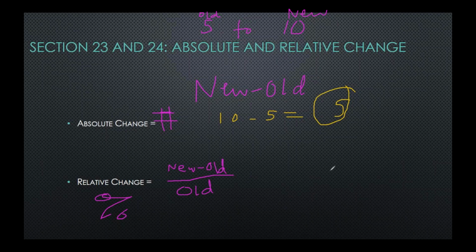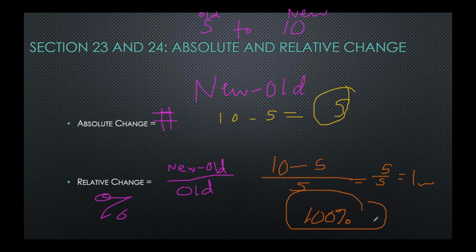In our example, new minus old divided by old: 10 minus 5 is 5, 5 divided by 5 is 1. That's a decimal. Multiplied by 100%, our relative change would be 100%. Which makes sense, right? 5 to 10, it doubled. That's 100% growth.